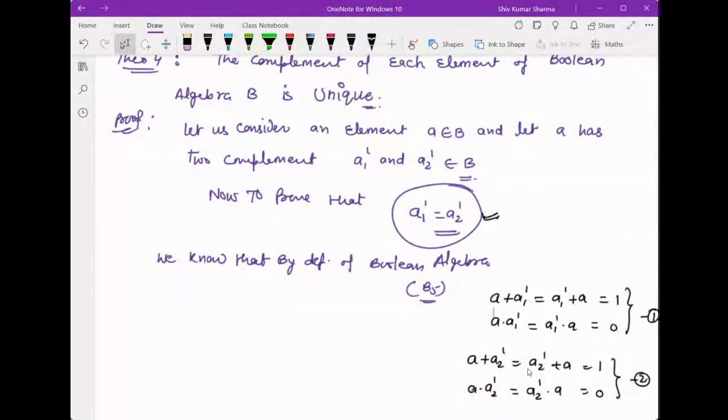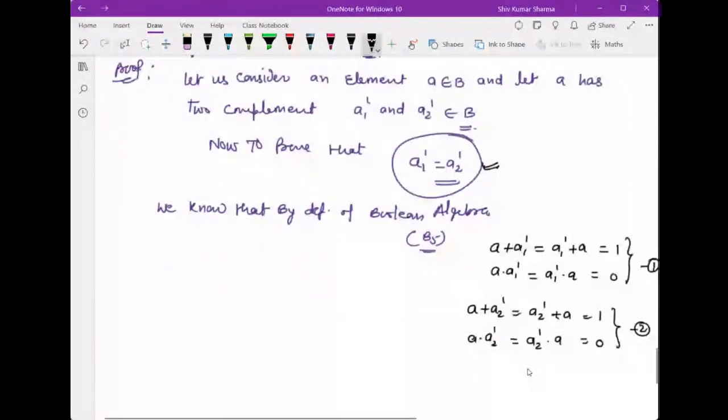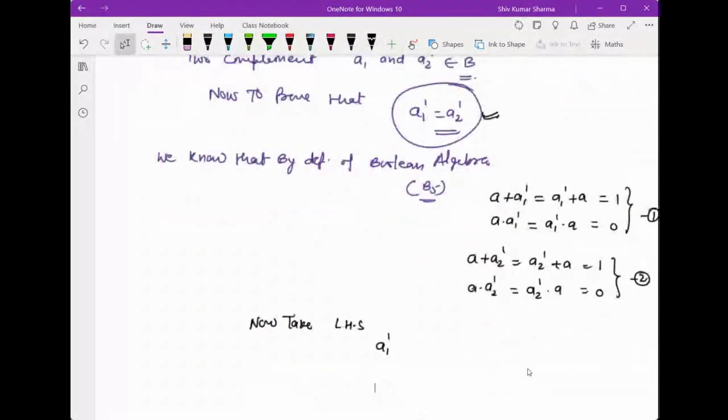So now we take the LHS part. तो LHS क्या है हमारे पास? Only A1 complement. तो हमारा पर्पज है प्रूव करना A1 complement equal to A2 complement.